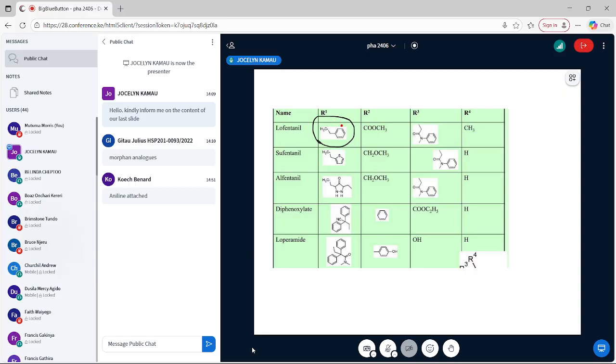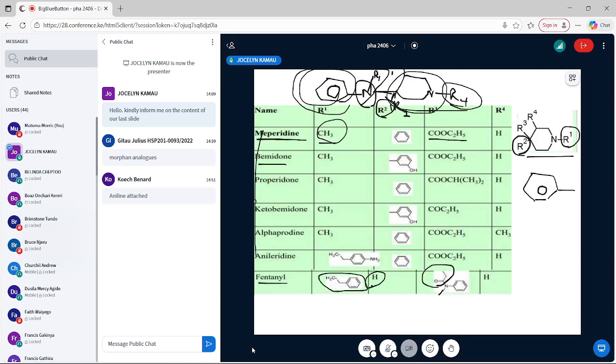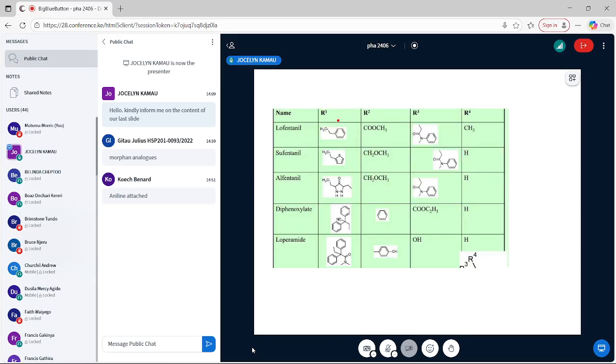The same group is found in fentanyl. R2, which was a hydrogen, you can see here it is an ester.